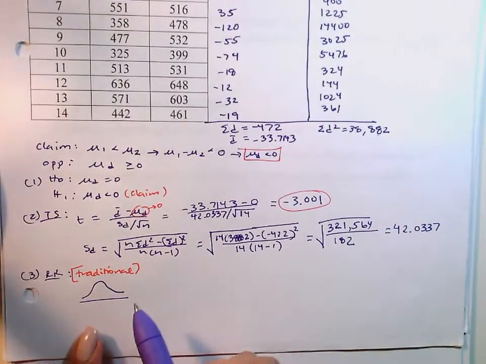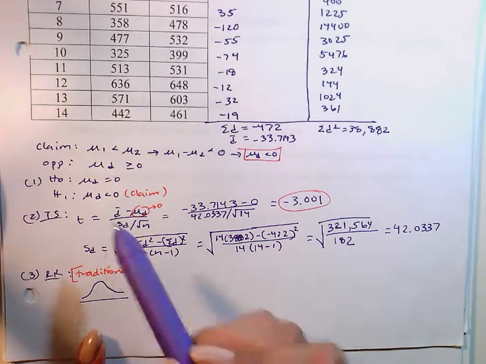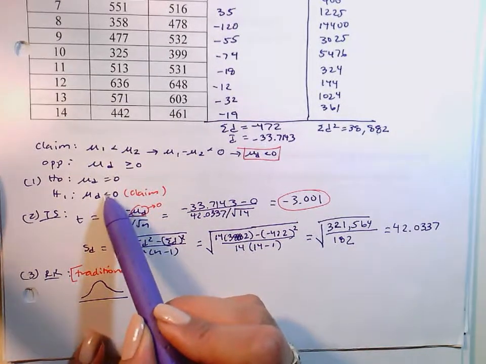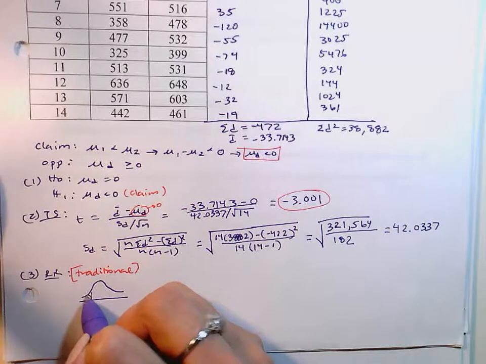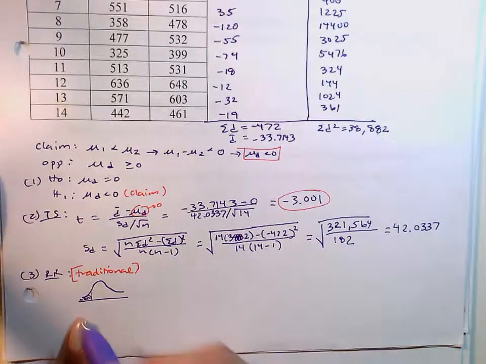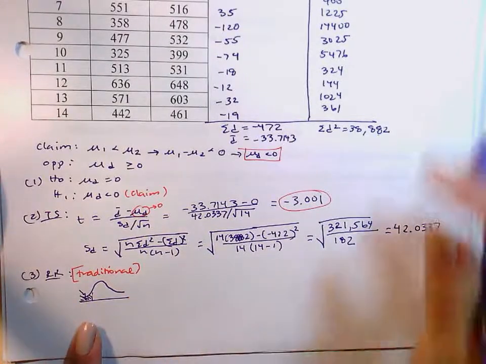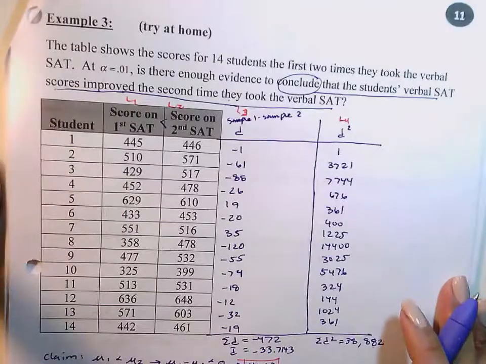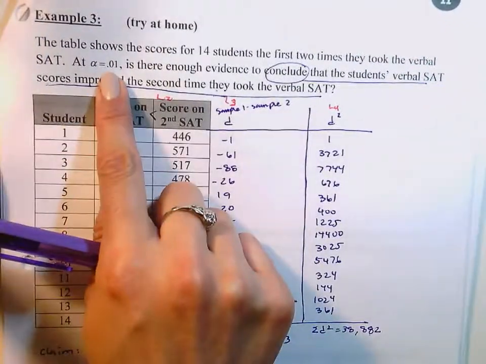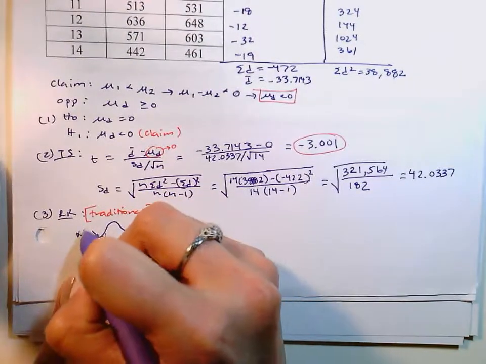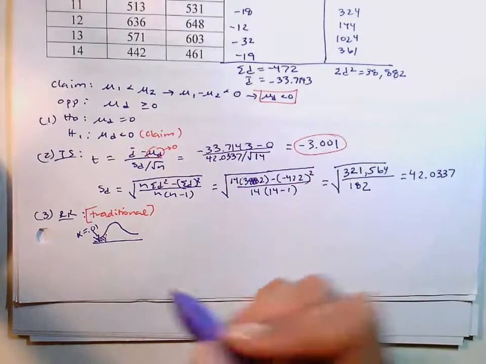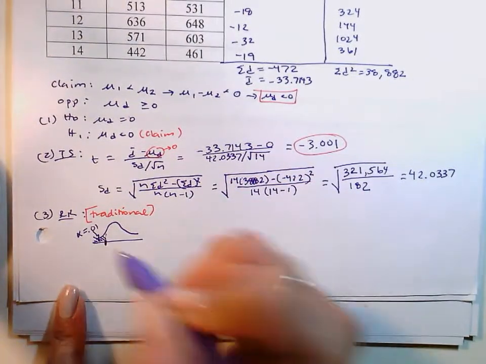And then we're going to go ahead and shade the corresponding area. So this is a less than sign, we shade to the left. And in the traditional, this area to the left is alpha. So in this example, it says at alpha equals 0.01. So we want to go ahead and plot alpha equals 0.01. So alpha equals 0.01 is the area to the left. And we're going to go and find this cutoff here.